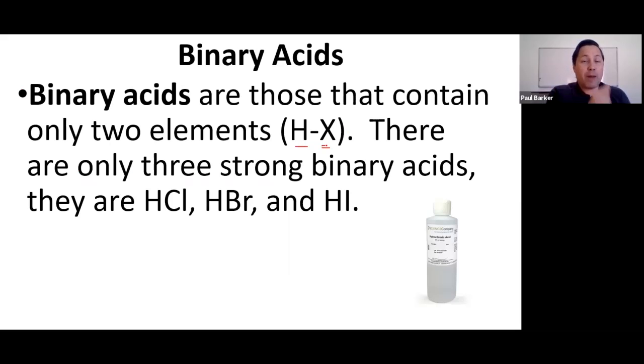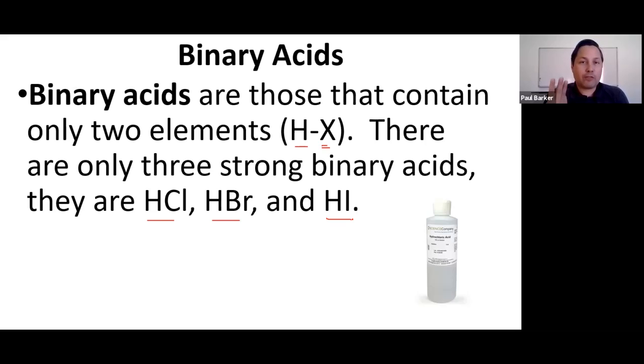Now, how can you tell if a binary acid is strong or weak? It's fairly simple. There are only 3 acids that are binary and strong. Who are those? They are HCl, hydrogen chloride, HBr, hydrogen bromide, and HI, hydrogen iodide. Those are the only 3 binary acids, that means with 2 elements, that are strong.